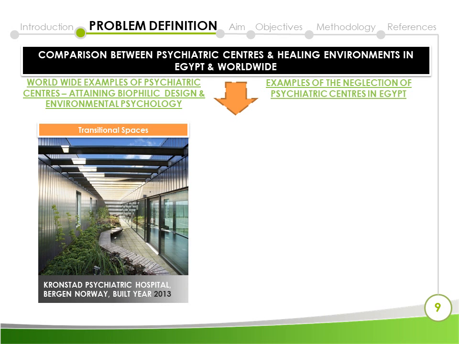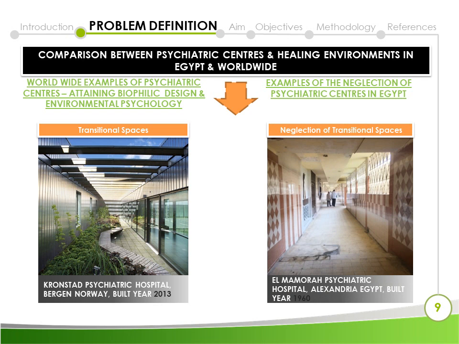It shows transitional spaces and how they're designed with green elements within the transitional spaces in Kronstadt Psychiatric Hospital, whereas on the other hand, a very noticeable neglection of the transitional spaces in Al Mamoura Psychiatric Hospital.